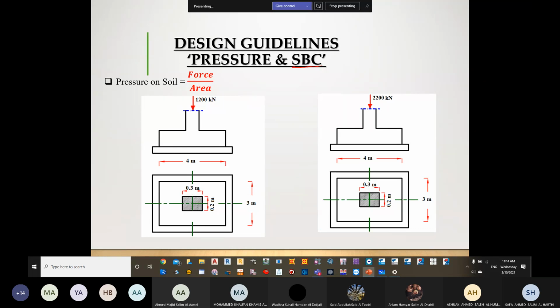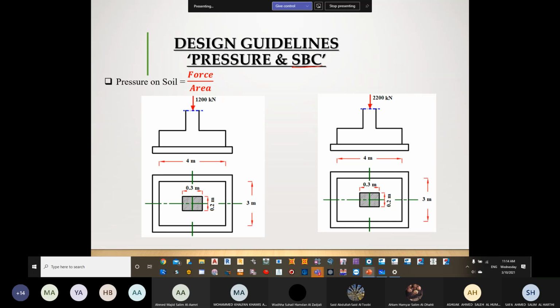If you have studied geo, you have ultimate bearing capacity, safe bearing capacity, and net bearing capacity. This safe bearing capacity is the maximum stress that can be taken by the soil.